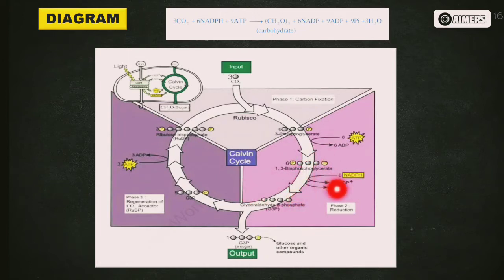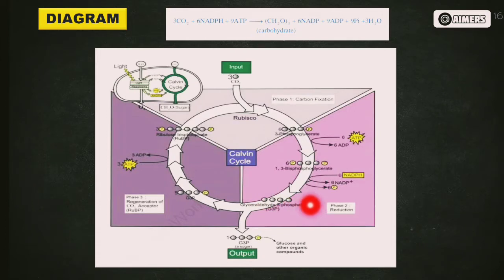This is the step from where the hydrogens are obtained from NADPH and oxygen from carbon dioxide, and the product is water. Now we have got 6 molecules of glyceraldehyde 3-phosphate, out of which only 1 molecule goes to make sugar or glucose or sucrose or starch or any other thing. So the net gain of the dark reaction is only 1 molecule of glyceraldehyde 3-phosphate.